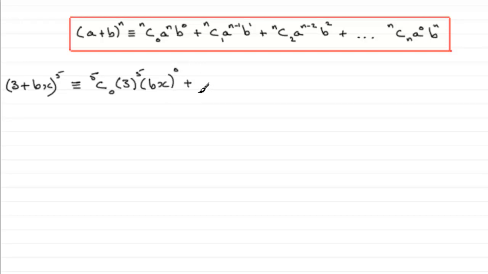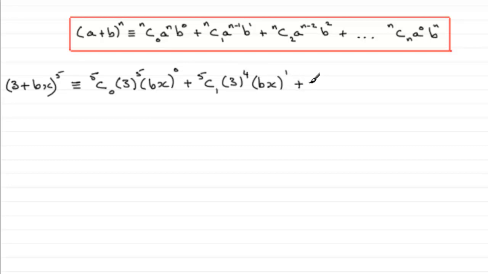And then we go on to the next term, plus 5C1, and then drop the first term's power by 1, so it'd be 3 to the power 4, multiplied by the next term here, bx, and we start to increase that power, so it's gone from 0, now it goes to 1.